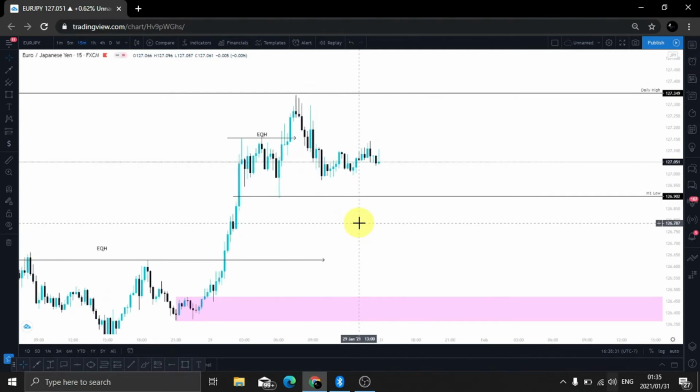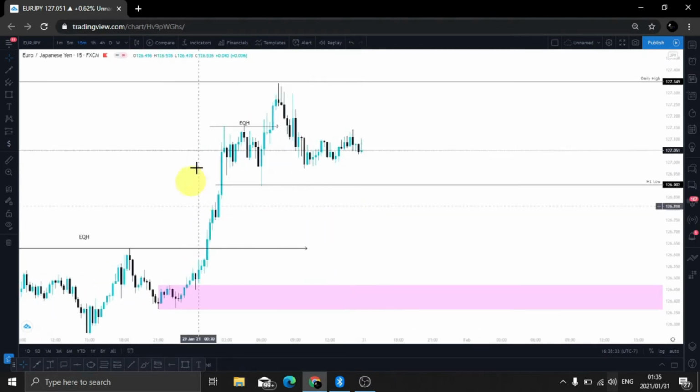As the market goes down, we can clearly see again that we have some equal lows. I can clearly see that we have some equal lows over here. It will be seen very well on the smaller time frames. So we have equal lows.